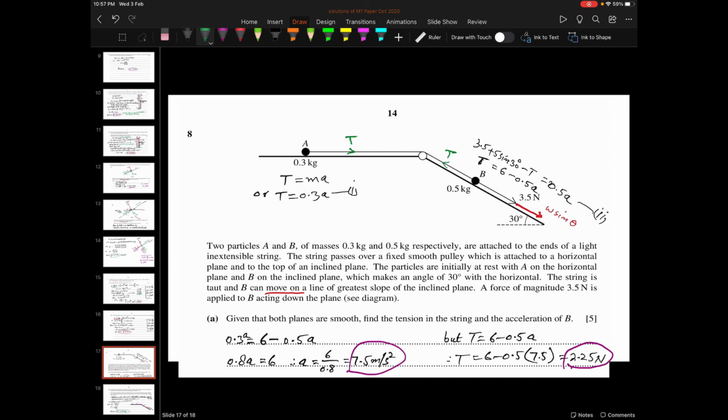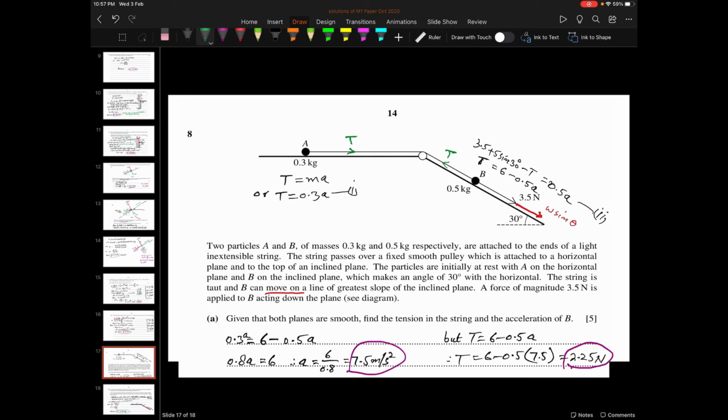So according to Newton's second law of motion, F is equal to ma. But F is equal to T in this case, therefore T is equal to ma, or T is equal to 0.3a, where 0.3 is the mass of particle A.